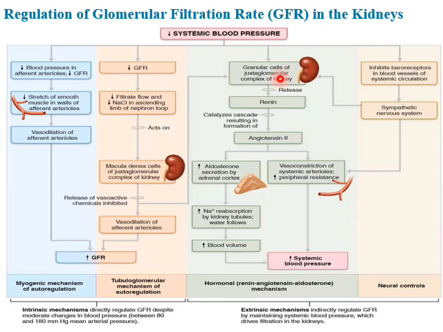Or if your systemic blood pressure drops, the granular cells of the juxtaglomerular complex of the kidney will sense it. This will stimulate the release of renin, and renin catalyzes the formation of angiotensin 2 from angiotensin 1.